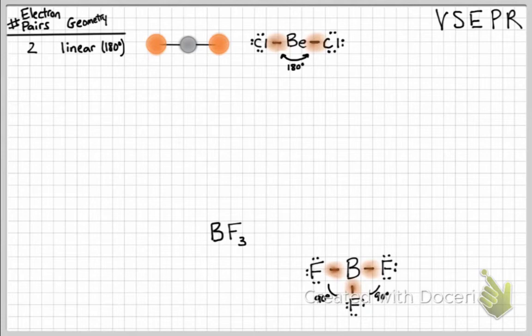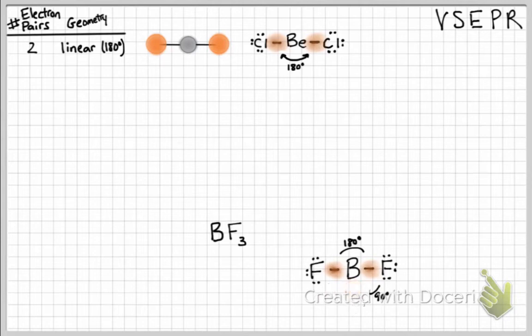You can see we have 2 fluorine-boron-fluorine bond angles of 90 degrees, and then one side of it with a much bigger angle of 180 degrees. Now, based on valence shell electron pair repulsion, all those pairs will like to try and get as far away from each other as possible.